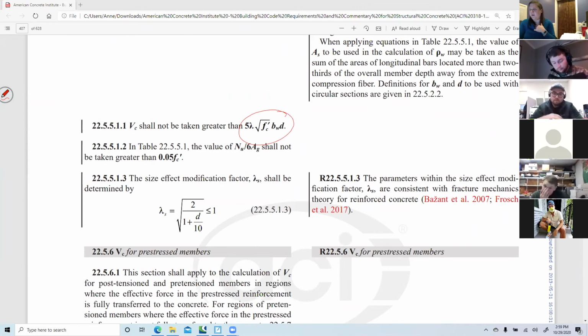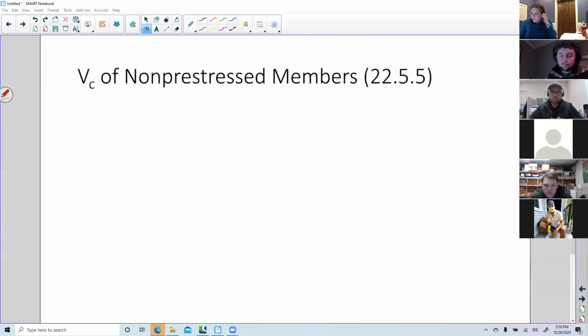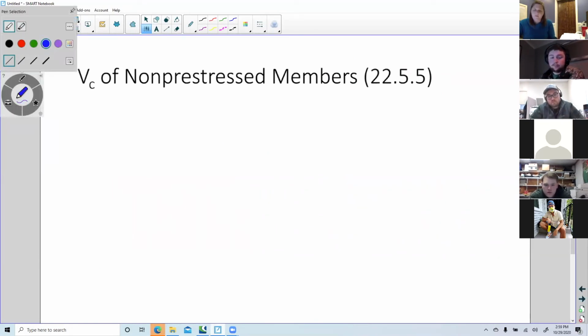And there's a limit on how much that contribution from your compressive load can be.